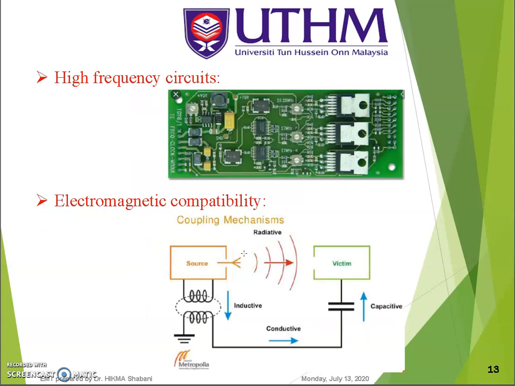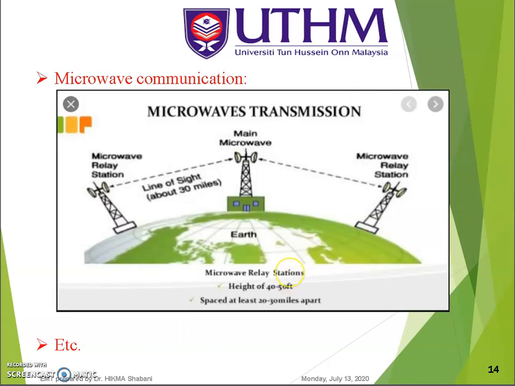We have high frequency circuits, electromagnetic compatibility, and microwave communications. All this requires that knowledge. Without knowledge of electromagnetic waves, it is difficult to be involved in these things. So we need engineers with this knowledge. That is why we need to learn this.